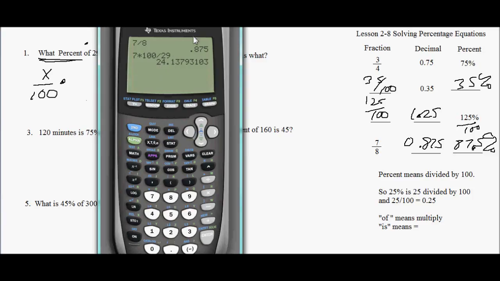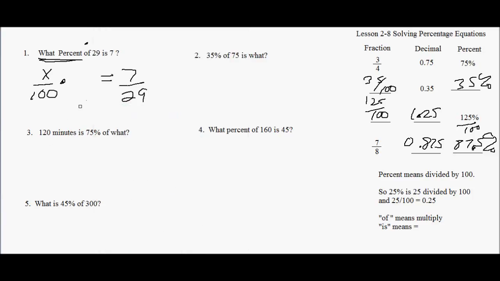So 24.1%. And notice, since this is over 100 already, I don't have to change it. There are other ways of doing this, but I like this way best.